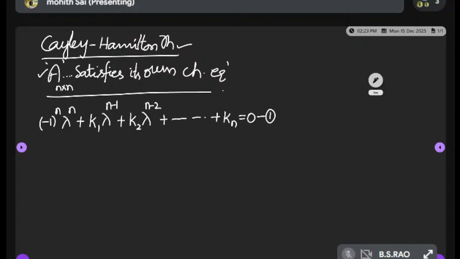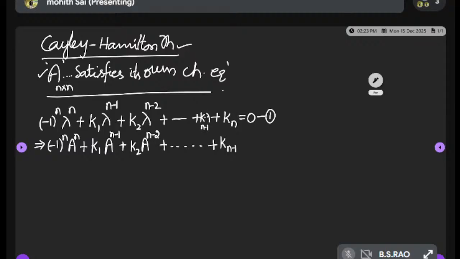By the Cayley-Hamilton theorem, we can write: minus 1 power n, capital A power n plus, in place of lambda, I am writing capital A, k1 A power n minus 1, k2 A power n minus 2 plus so on plus k n minus 1 A plus kn equal to 0.